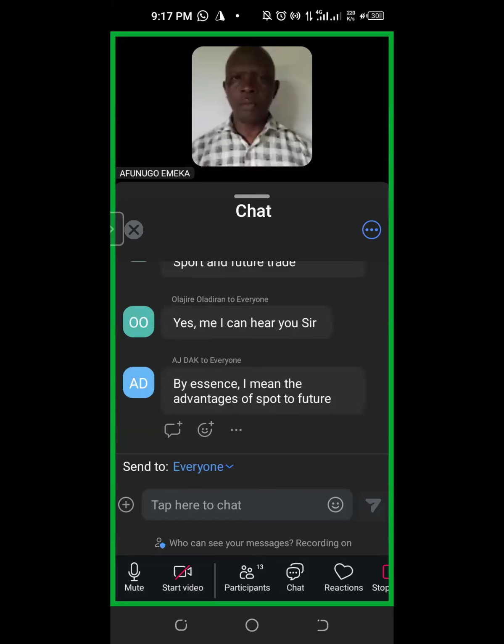The only advantage of spot over futures is that, number one, any asset that you buy is your own. So if the market crashes, you cannot be wiped out. If the market goes against you, you cannot be wiped out. Any coin that you buy in the spot market is your own. And if you buy that same coin in the futures market, you are not owning it because you are using leverage.